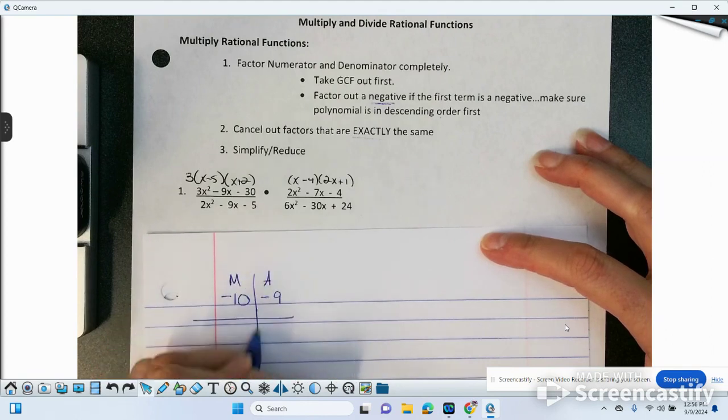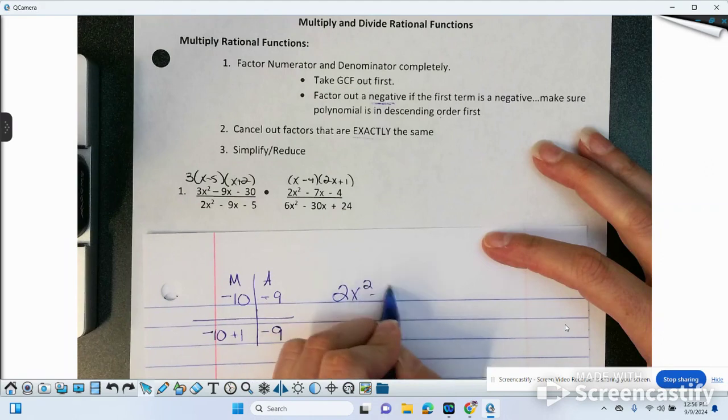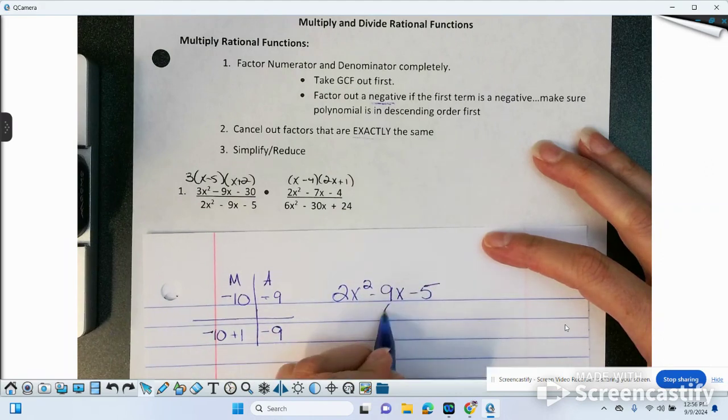Right, so I can think about a negative 10, and my bigger number has to be negative. So a negative 10 and a positive 1, that would give you a negative 9. So when we factor that, we get a 2x squared minus a 9x minus 5. I'm going to replace this 9x with those two terms.